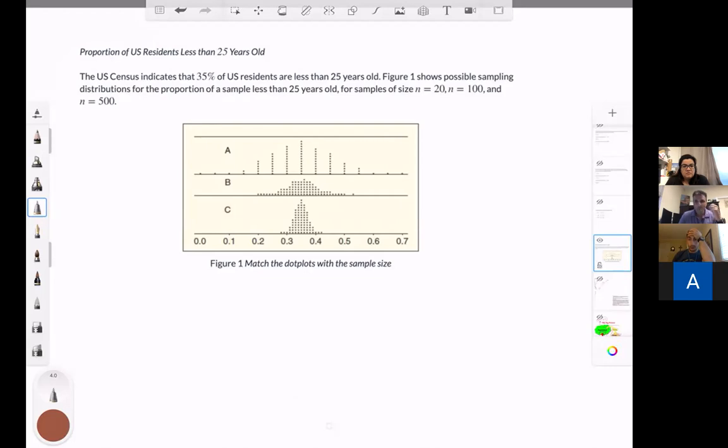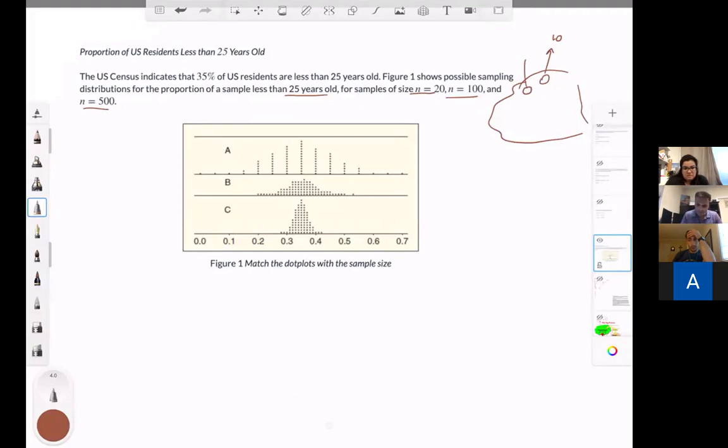This picture shows possible sampling distributions for the proportion of samples less than 25 years old, for samples of n equal to 20, n equal to 100, and n equal to 500. So somebody takes not only one sample, but probably thousands of samples of 20 people, and then gets the proportion and studies that.